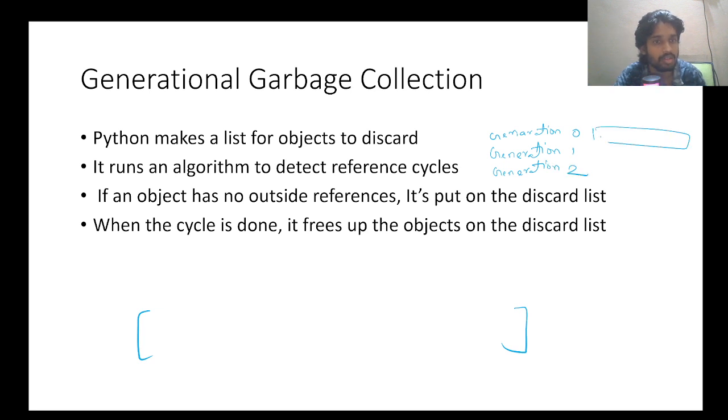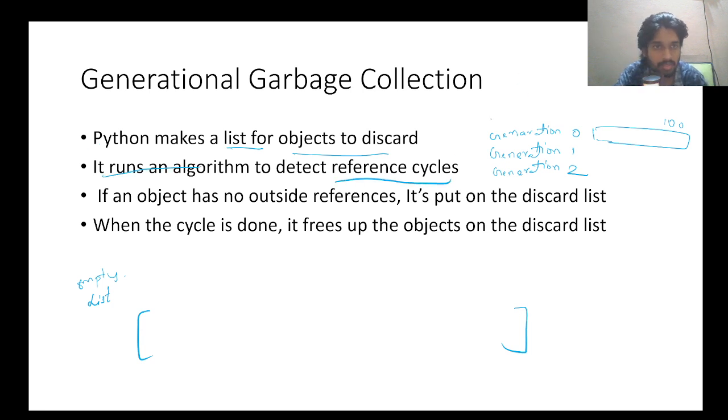Let's assume that generation 0 reached the threshold, which means that if the threshold is 100, 100 objects are already created. First, Python will make a list for the objects to discard. It will make an empty list, and it runs an algorithm to detect the reference cycles.